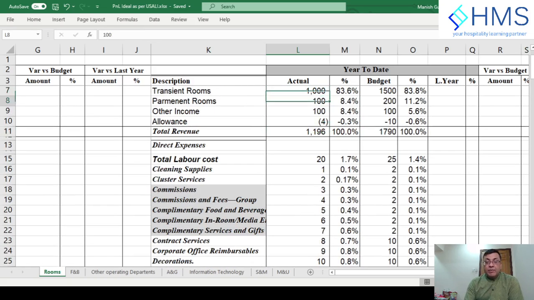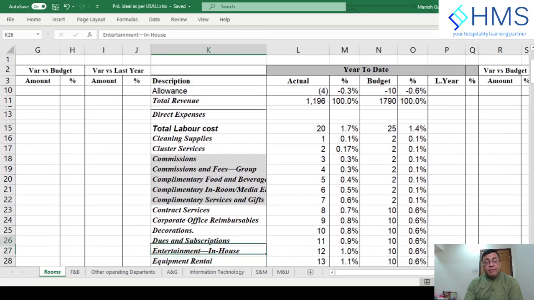Then after the labor cost, usually the next thing we normally have to analyze in the P&L is the expenses. Now there are two ways to analyze the expenses. One way is to understand per occupied room. If the expense is variable, we know that more rooms will entice us to have more expenses.